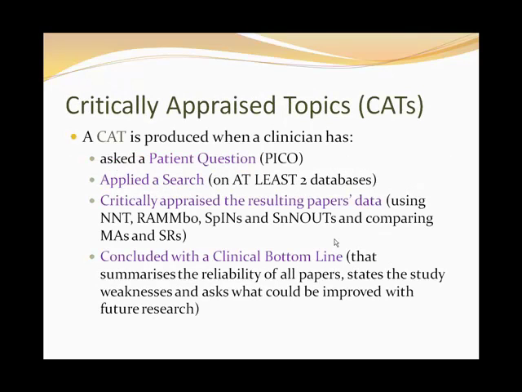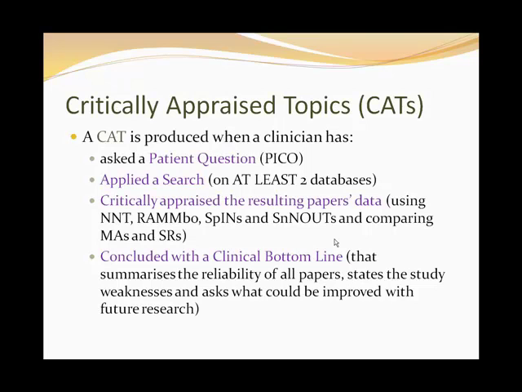Now, a critically appraised topic is when we've done the entire process of the last 3 years. So we've asked a patient question, we've looked at databases, we've got some papers, we've looked at their results, we've applied standardized statistics, we've looked at how reliable those are, put them all together and concluded with a clinical bottom line.